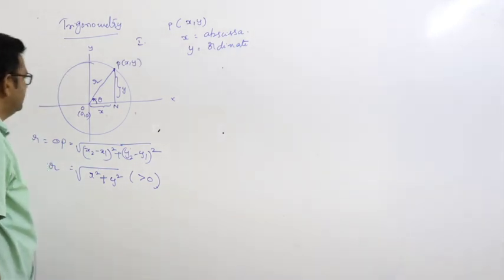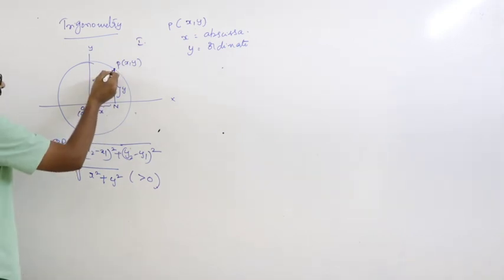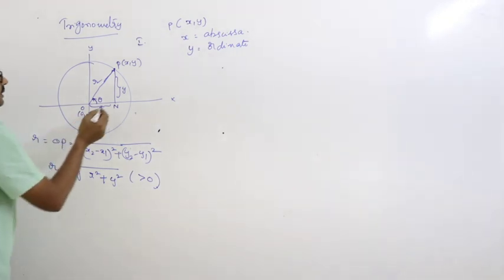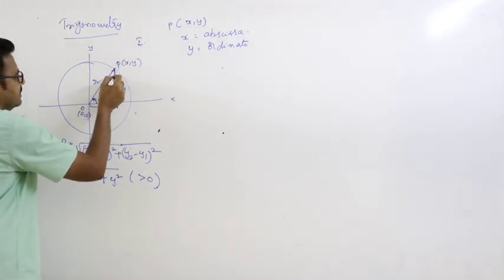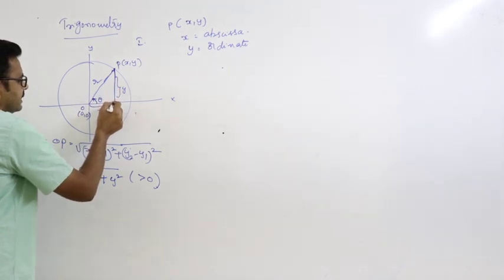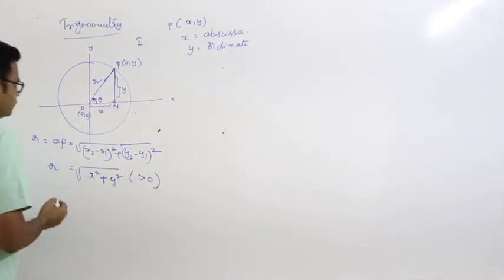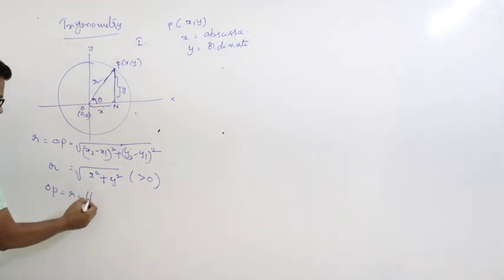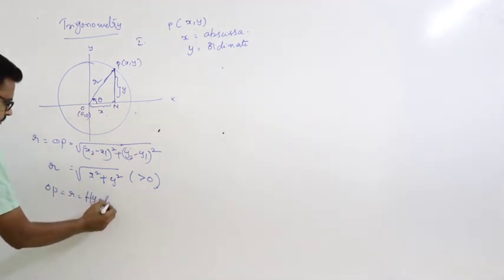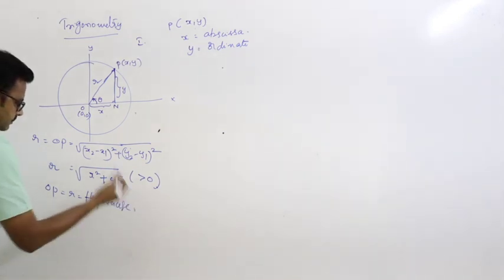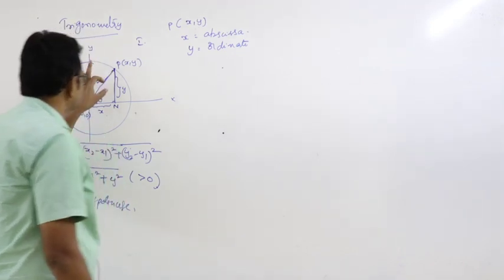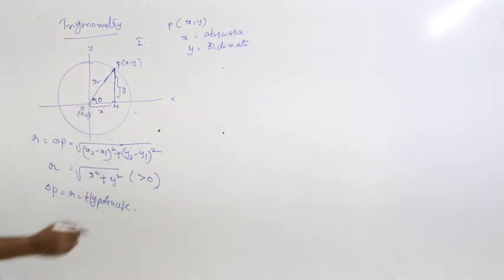And OP is the distance. That is called hypotenuse, because this is a right angle triangle. This is 90 degrees. And OP, that is equal to r, is the hypotenuse.